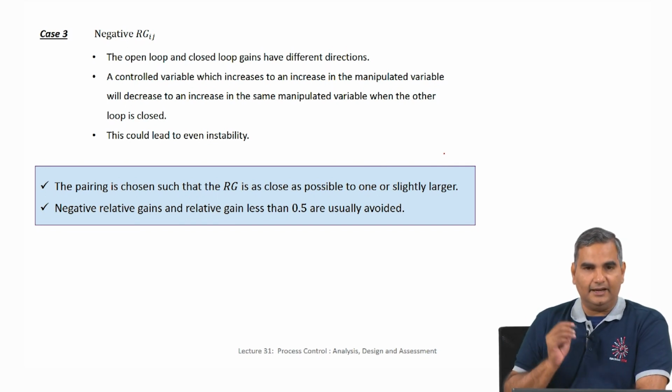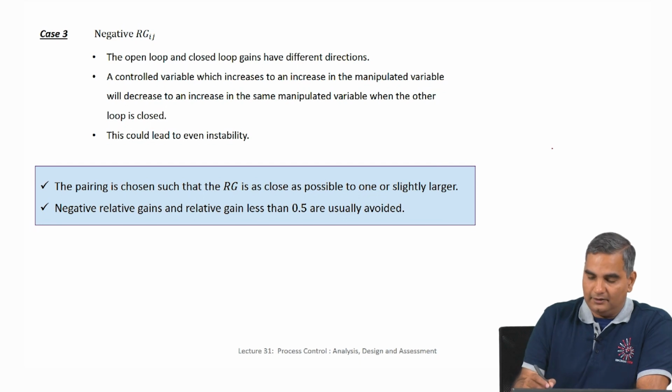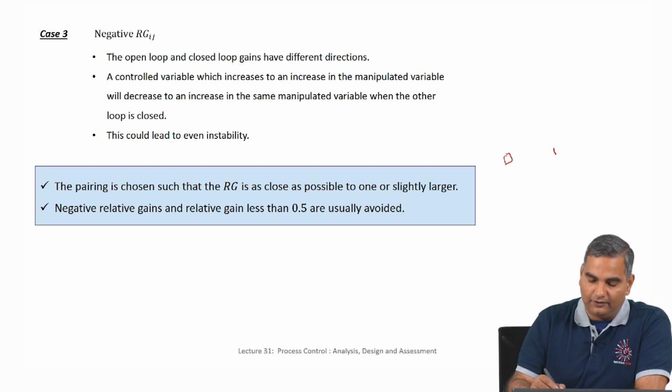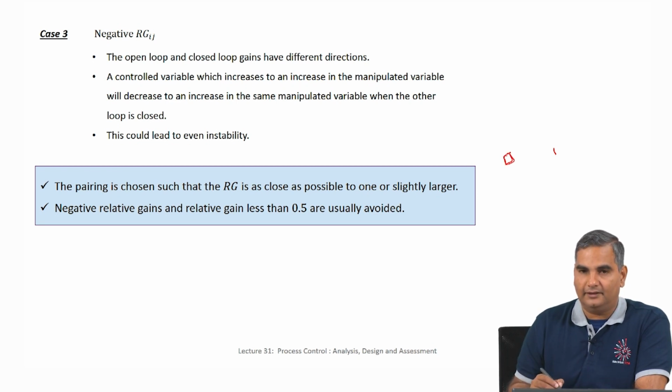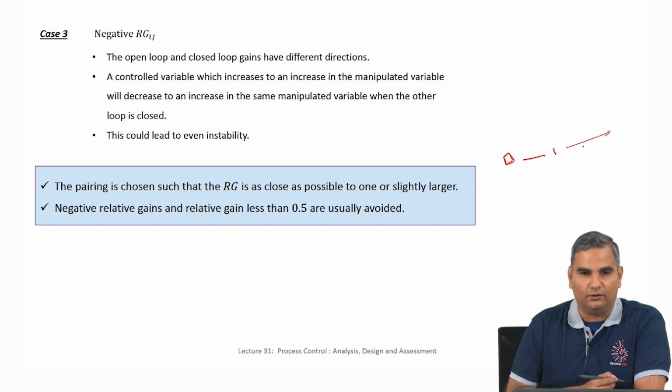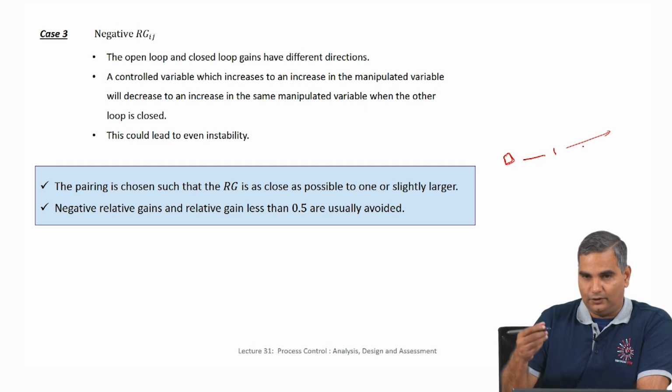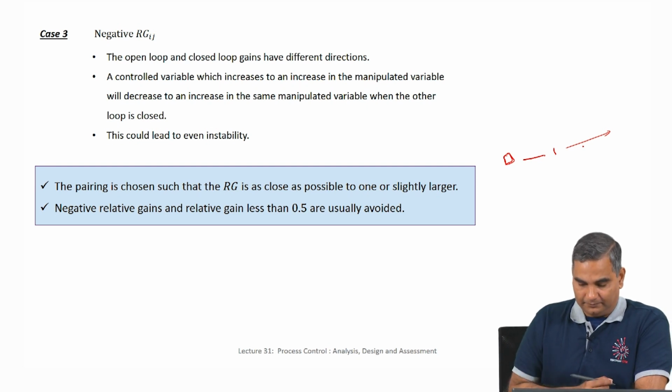So, the key idea is that 1 is the best, right. Negative you really do not want. Very small is not good, because that says the other loops have a lot more effect than the manipulated variable you have chosen. So, this is not good. Very large is also not good, we said, because the interaction effects are so much that they are actually going to bring down this gain quite a bit.